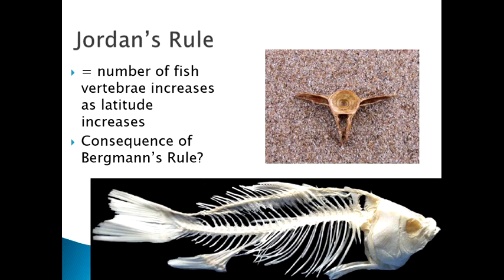Here's an interesting one from the oceans, Jordan's rule. As you go up in latitude, again, heading towards the poles, the size of the fish increases. That's part of Bergmann's rule, but even for some groups where there is no size increase, there is an increase in the number of vertebrae.